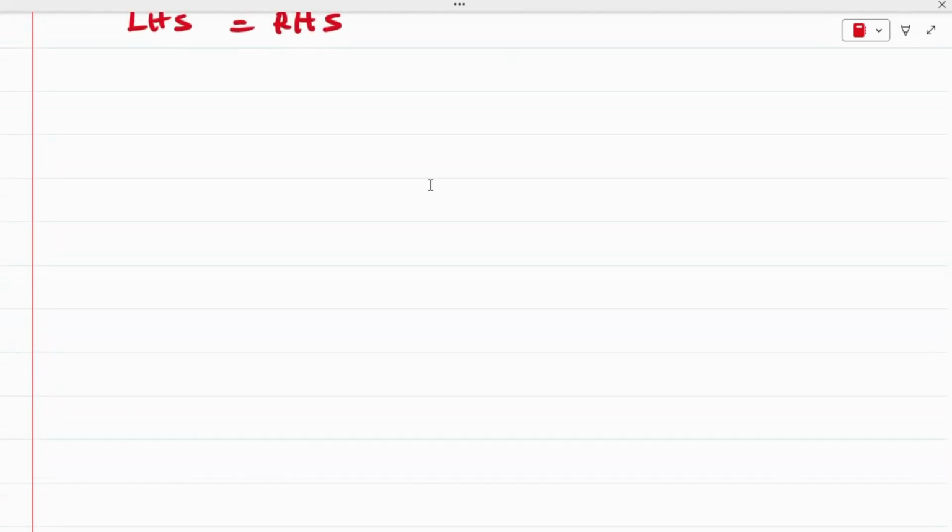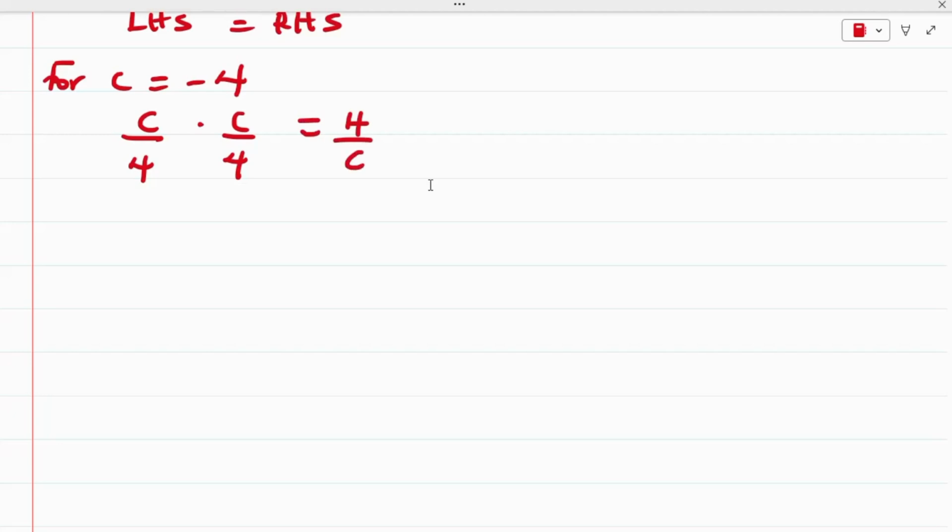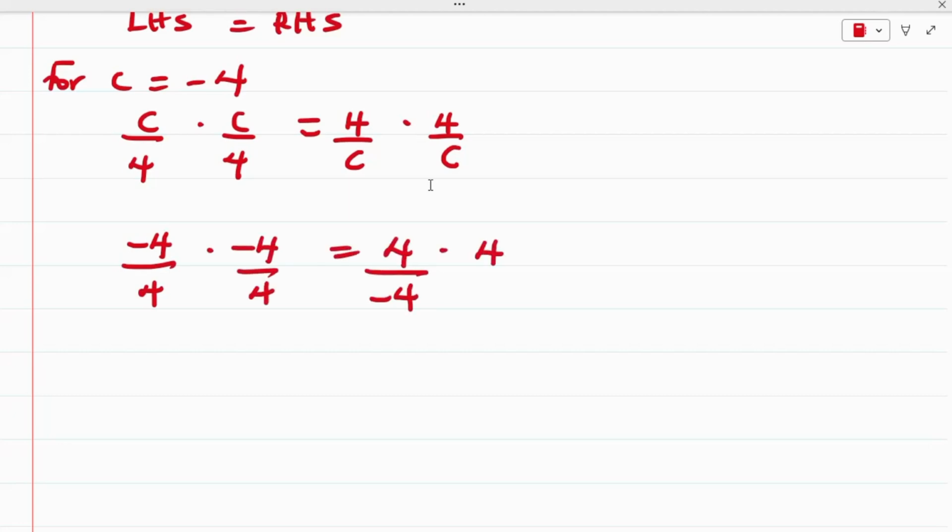So for the next value of c, which is c equals negative 4, we have c over 4 multiply c over 4 is equal to 4 over c multiply 4 over c. So this becomes negative 4 over 4 multiply negative 4 over 4 is equal to 4 over negative 4 multiply 4 over negative 4. So this and this cancel out.